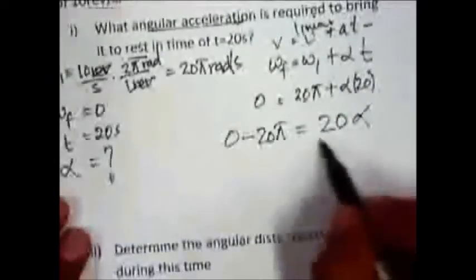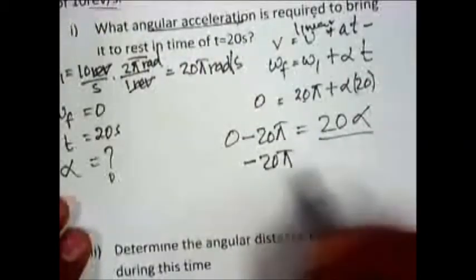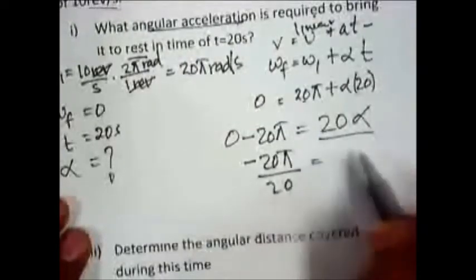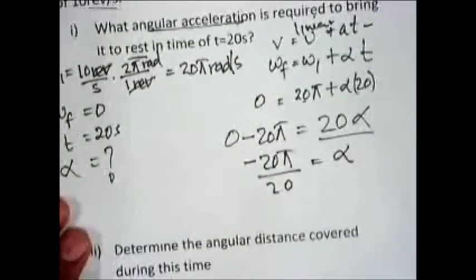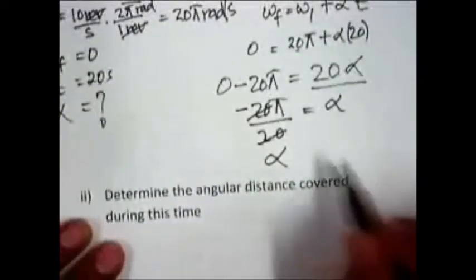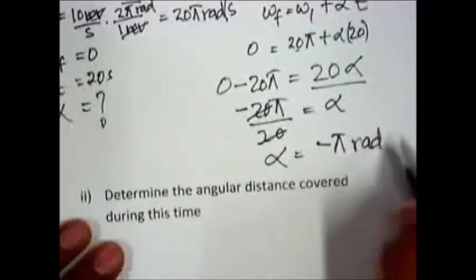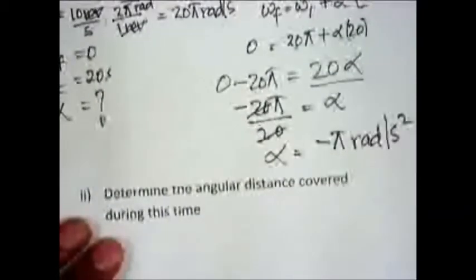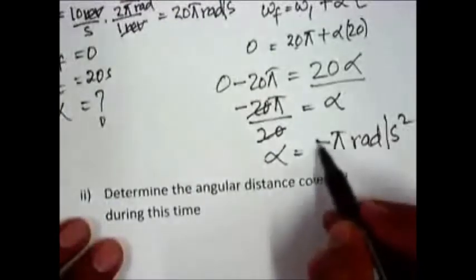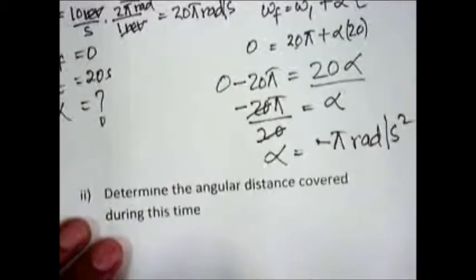And I divide, I get minus 20 pi divided by 20 is equal to alpha. So you see your angular acceleration is equal to minus pi radians per second squared. The reason why it's minus is because that wheel must be slowing down. That's why its final velocity becomes 0.